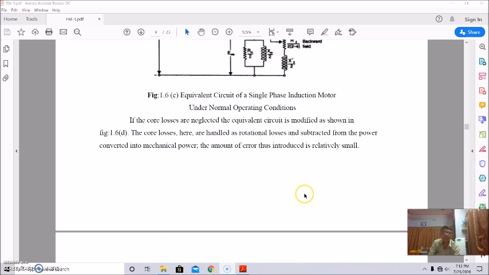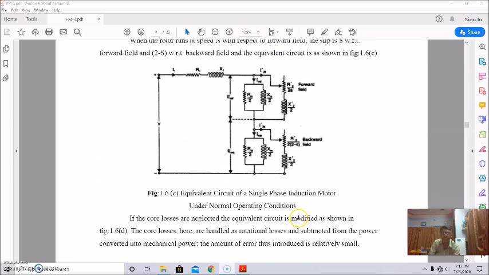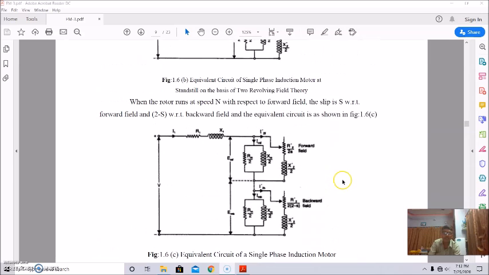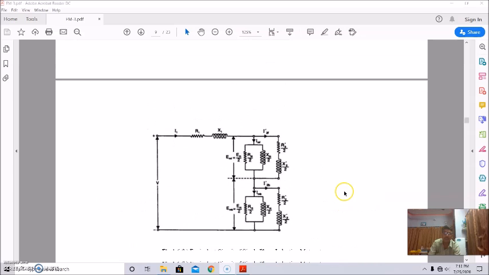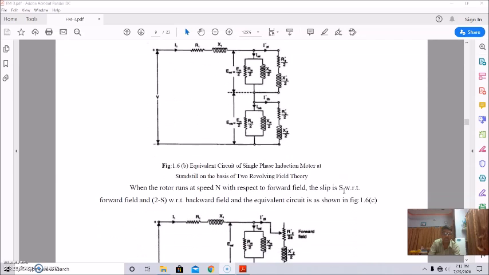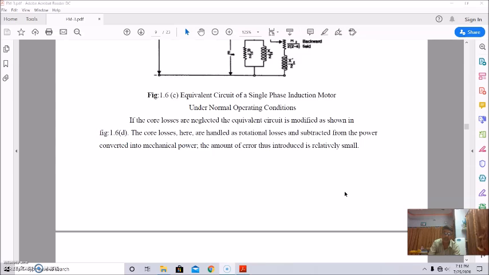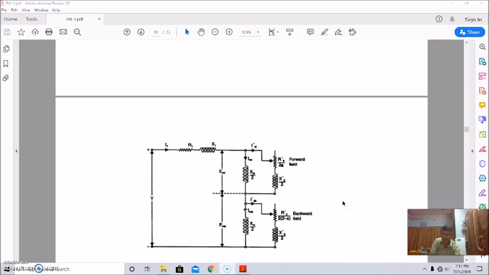So this is, in a short fashion, the equivalent circuit of a single phase induction motor from its blocked rotor condition to normal running condition.